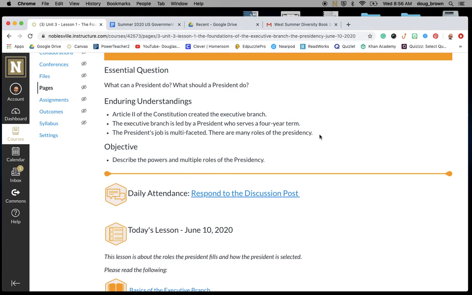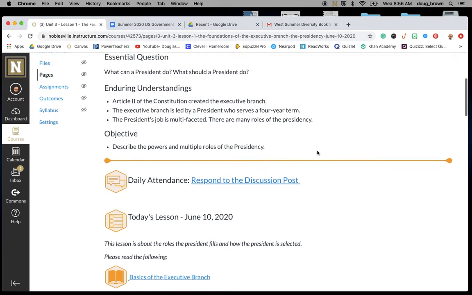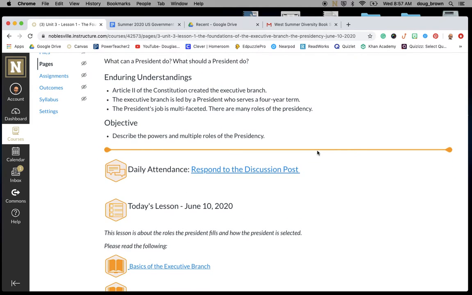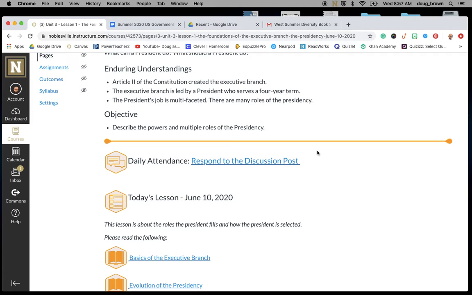The president can serve 2 of those if he or she wants to and wins both elections. Now, the president's job, what you're going to learn today, is multifaceted. It has many faces, and there are many roles of the presidency. It is arguably one of the most powerful positions on the planet.